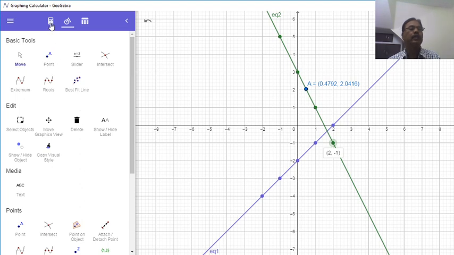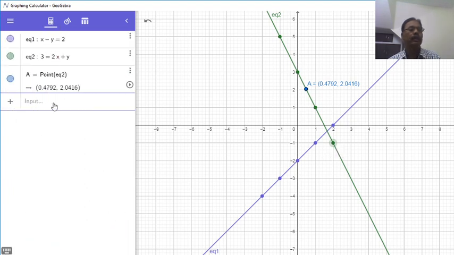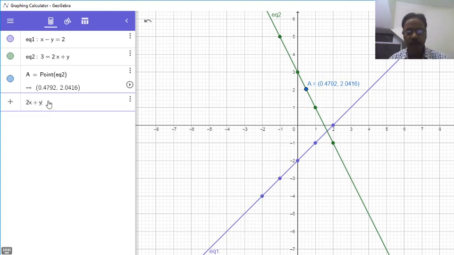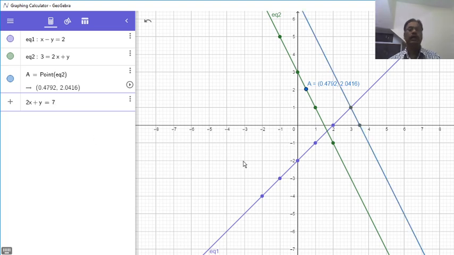How do we draw the graph for the third equation? I am going to write here the third equation. The third equation was 2x plus y equal to 7. 2x plus y is equal to 7. The graph has already been drawn.